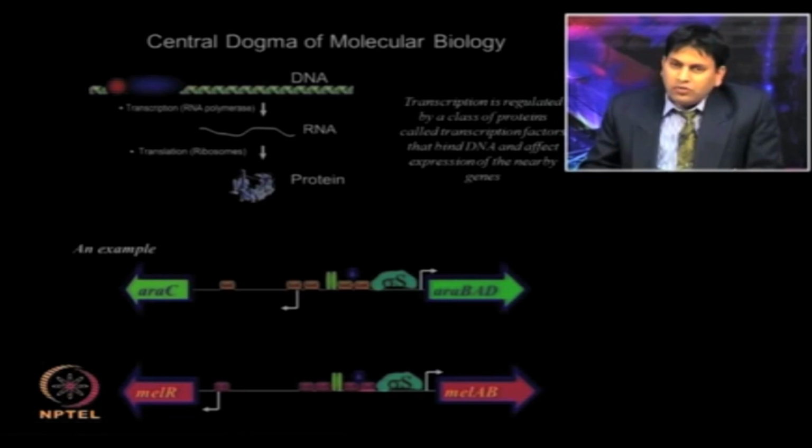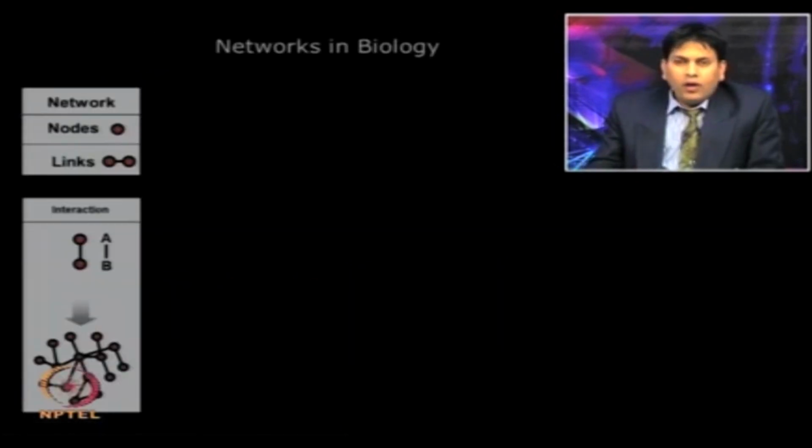Now, in addition to this binding of transcription factors, as I mentioned earlier, RNA polymerase also binds, shown with the green oval, so that they can control the expression. Now, there are other examples also shown in this figure with the MelR regulator also doing something similar. Now, what we just discussed is an idea of how regulation happens from a biological viewpoint.